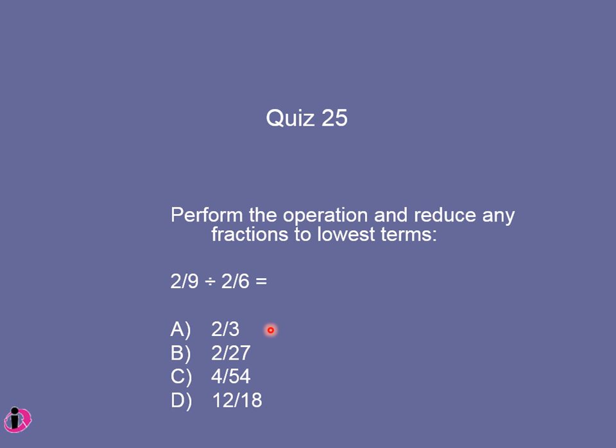Okay, how do you do it? 2 over 9 divided by 2 over 6. So you write 2 over 9 multiplication 6 over 2. Yeah, I flipped it, right?